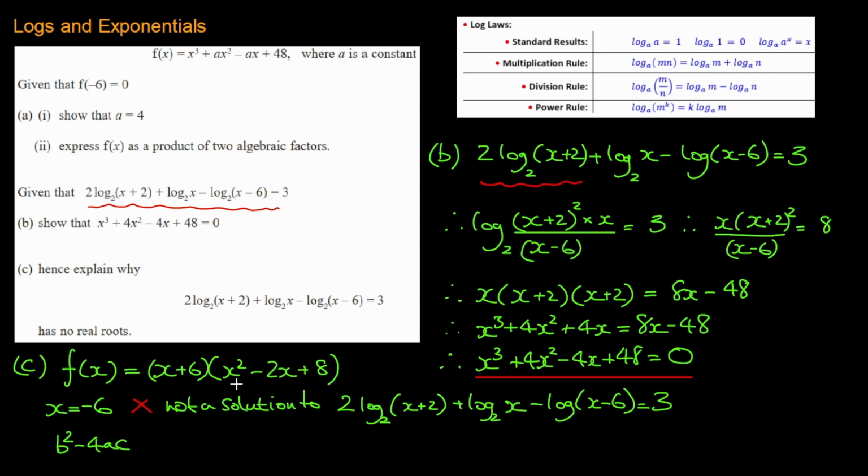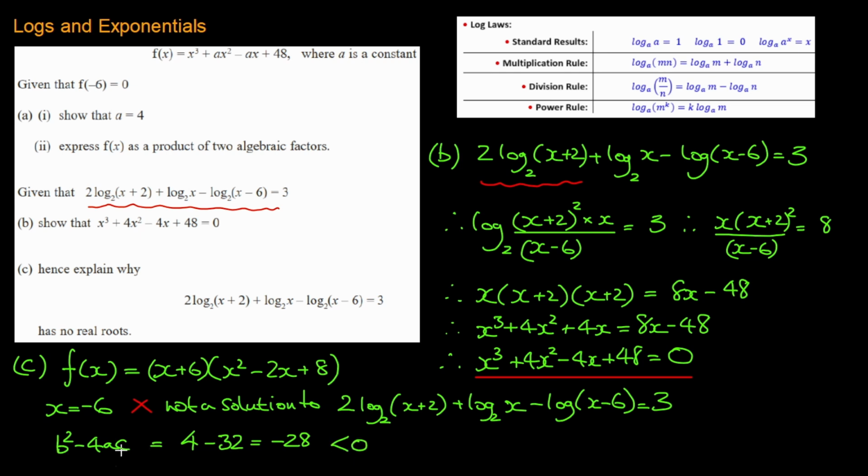So let's try it. b squared, negative 2 times negative 2 is 4. Now, is this term going to be negative? a and c are both positive, so no, this is going to be negative. 4 times a is 1, 4 times 8 is 32. So this gives an answer of negative 28, which is less than 0.